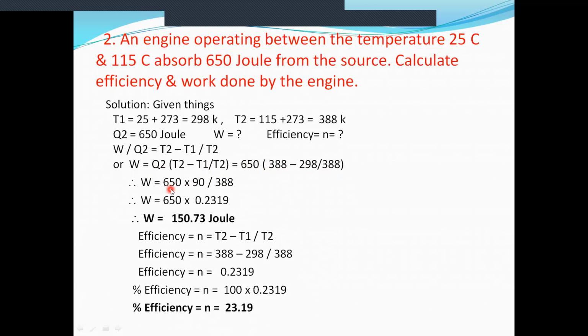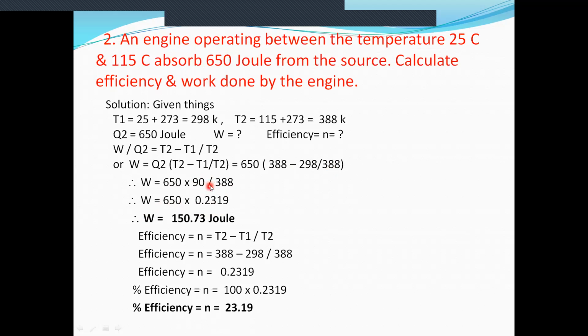That is 650 into this subtraction, 388 minus 298, it is 90, and this divided by 388. So W is equal to 650 into 90 divided by 388. It is 0.2319.